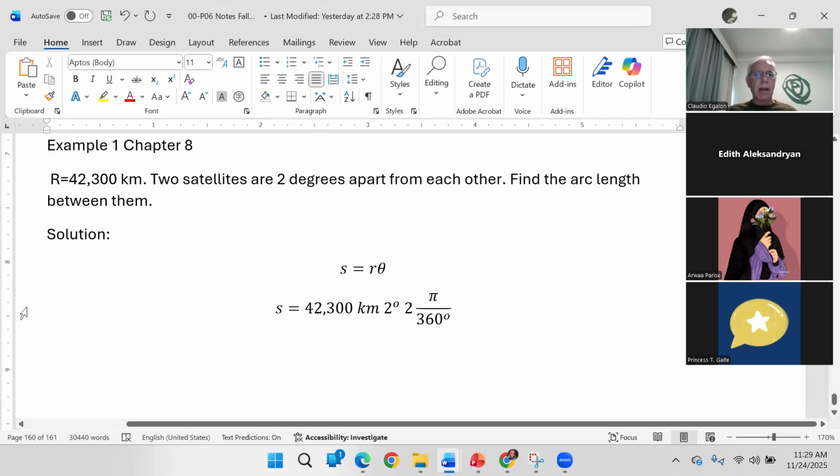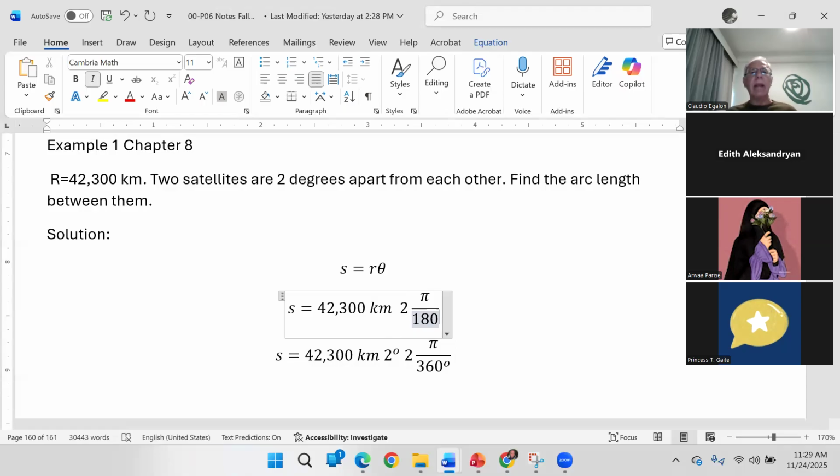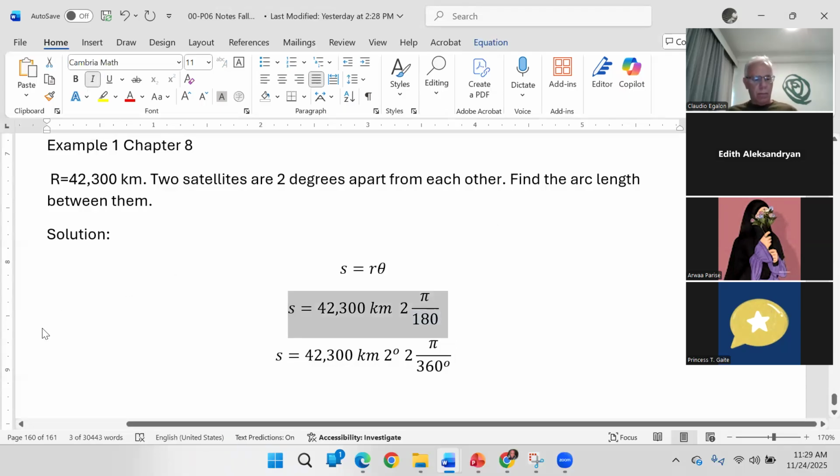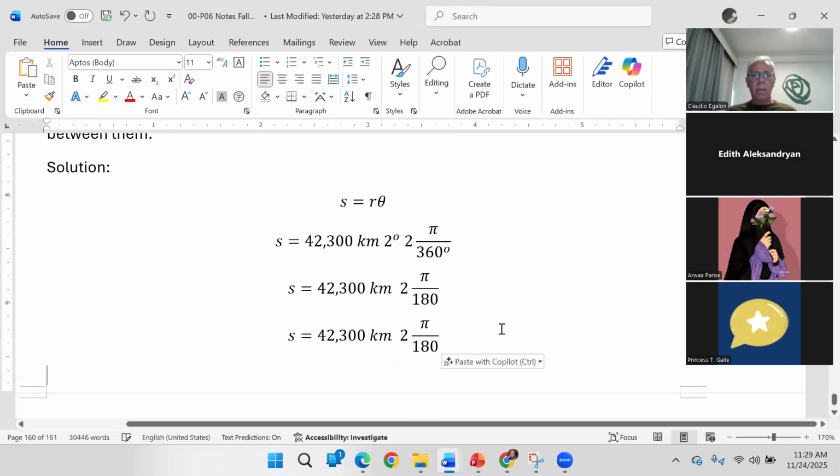Okay, so step by step, 2 degrees cancel out with 360 degrees. What was 360 degrees becomes the number 180. Two here cancel with 180, becomes 90. Pi over 90.